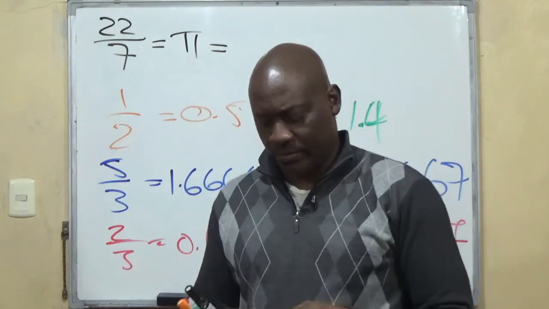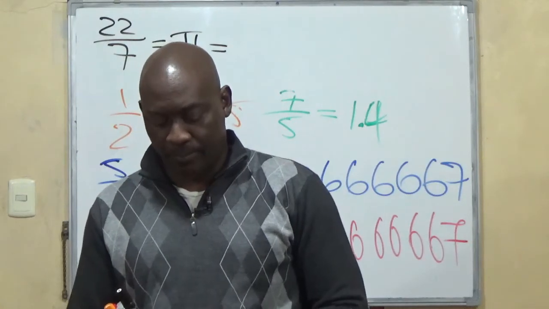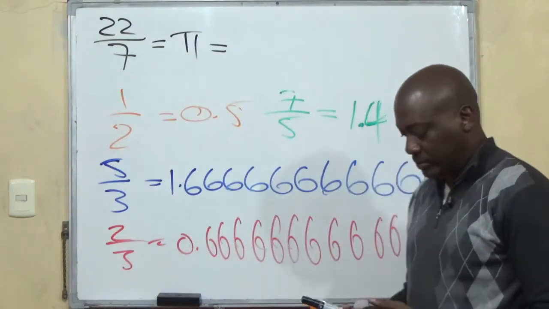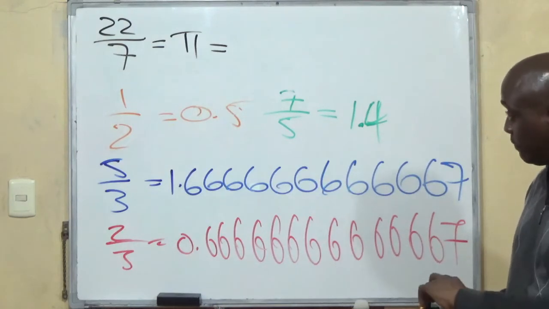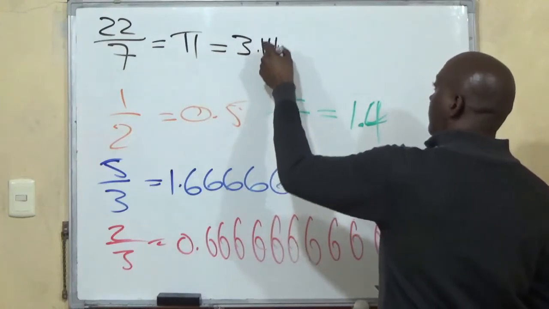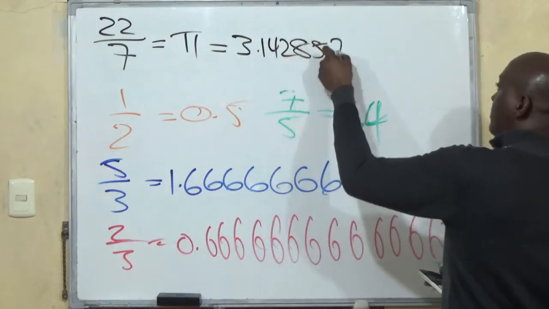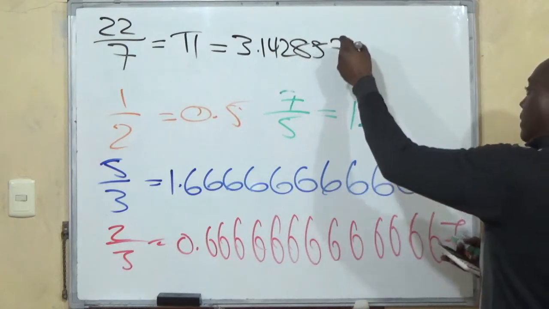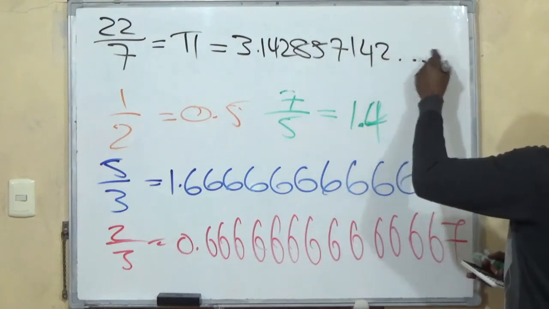Okay, here what we could do. We could just divide 22 by 7. 22 divided by 7 equal, boom, 3.142 8 5 7 1 4 2, and the pattern repeats.